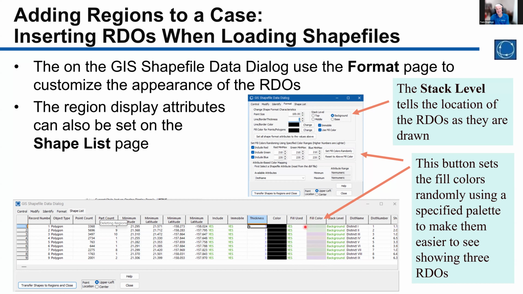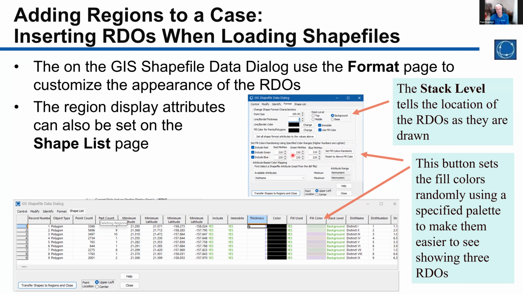Selecting all these fill colors, you don't want all your regions to be the same color, so you need them to be different. How do you make them all different? We added some options where you can set the fill colors randomly out of a color palette.